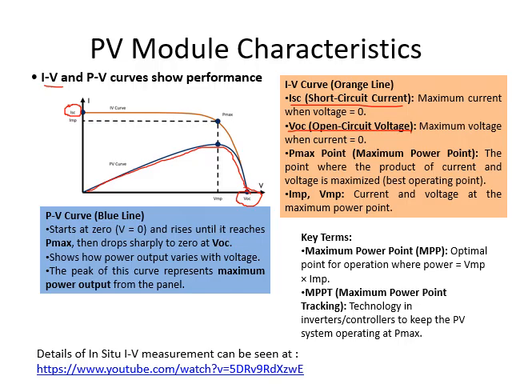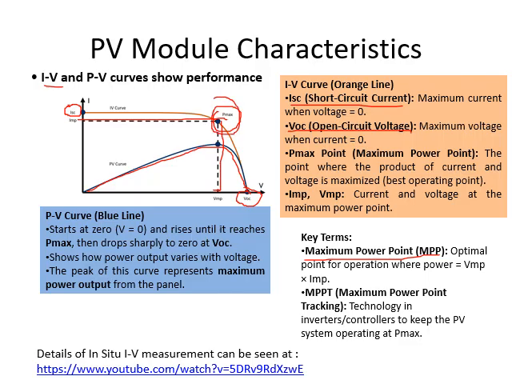The maxima is determined by a few key terms, which are the maximum power point, MPP, and maximum power point tracking, which is the technology MPPT. The maximum power point is required for optimal operation, where power is the maximum. VMP and IMP, where they coincide, is the maximum power point we can get.